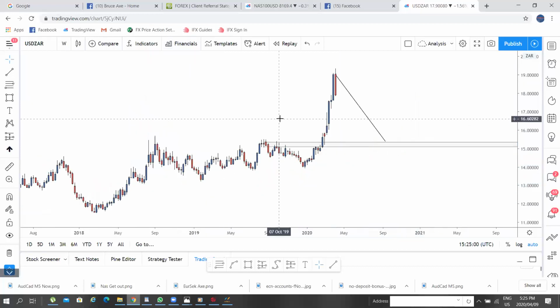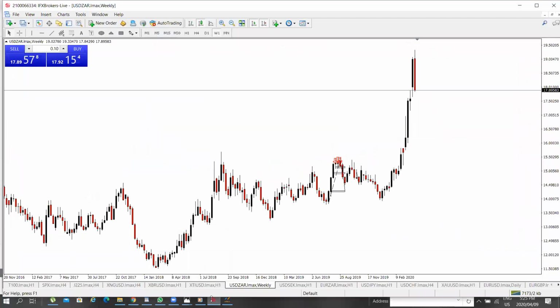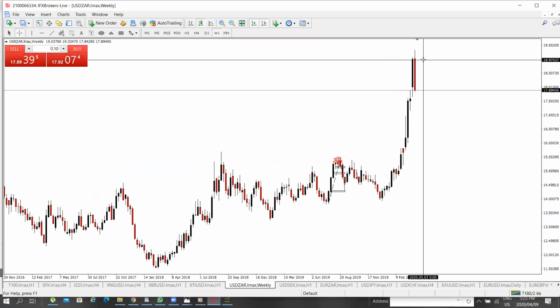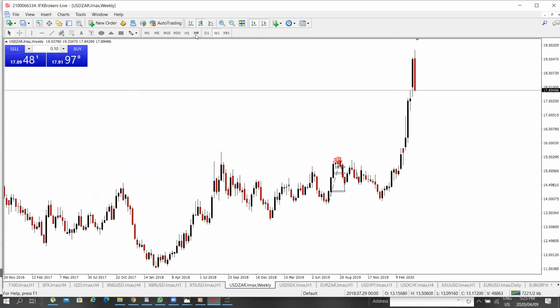From where price is right now to reach this level is close to 2,300 and something pips. Can you see that?